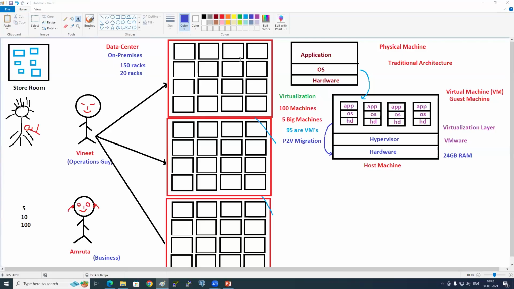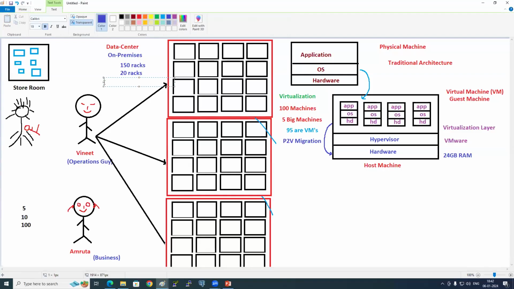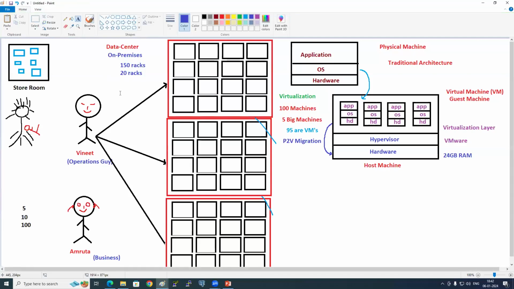This is a physical data center, it might have a few racks. We have reduced from 150 racks to 20 racks. That means how much money saved, how much risk saved, how much space saved, how much power bill saved, how much manual work saved, how much probability of issues saved.